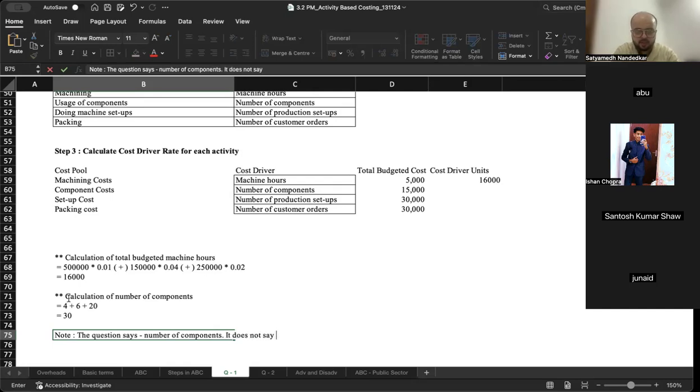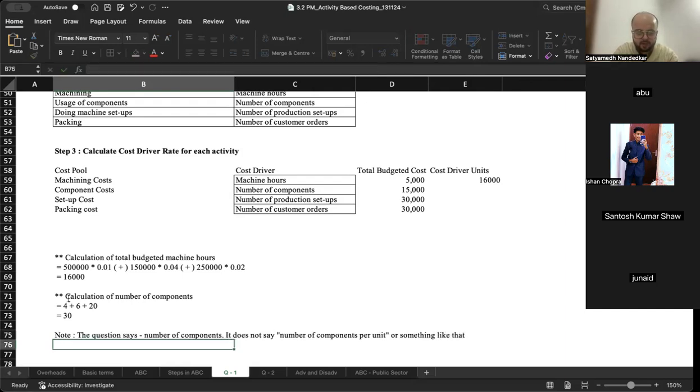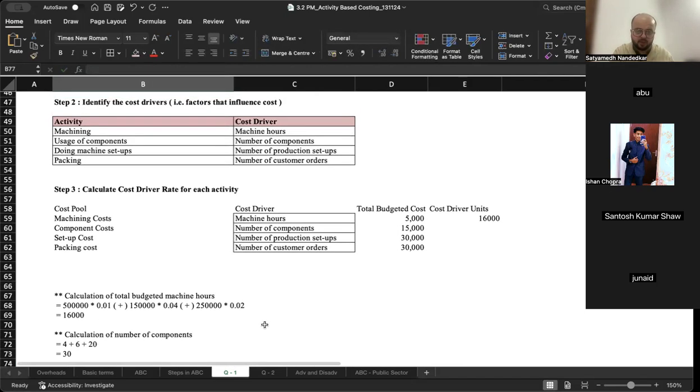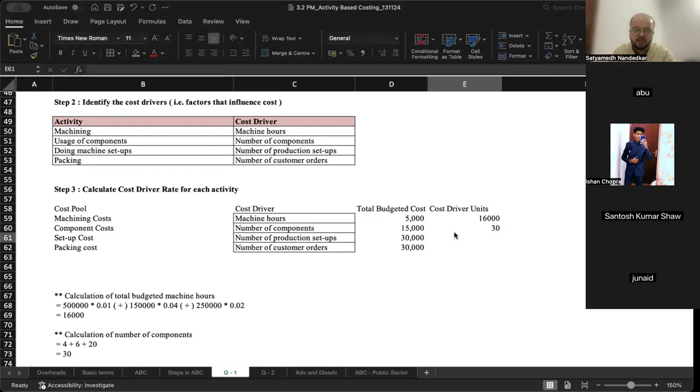It does not say number of components per unit or something like that. Therefore, do not multiply the output with the component number. So this is one thing you have to be careful about. Okay, so your denominator here is 30. 16,000, then it is 30.